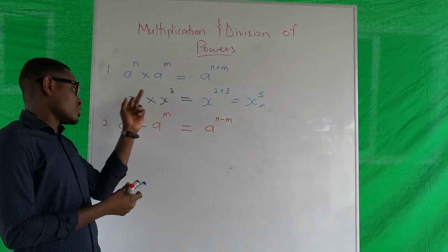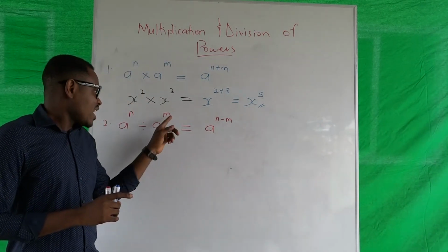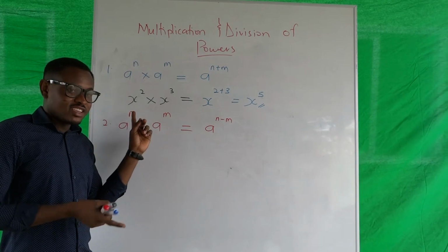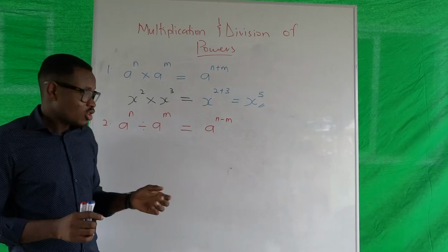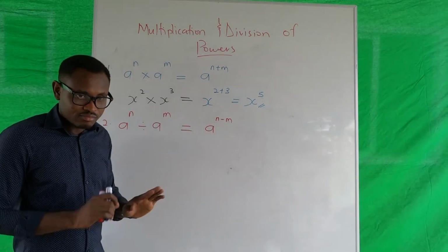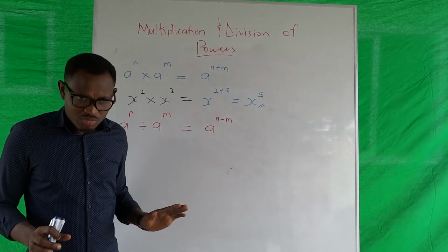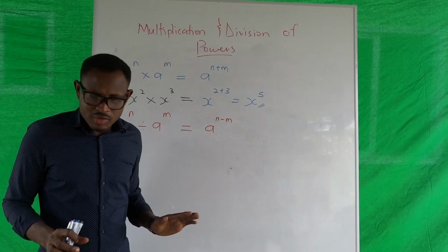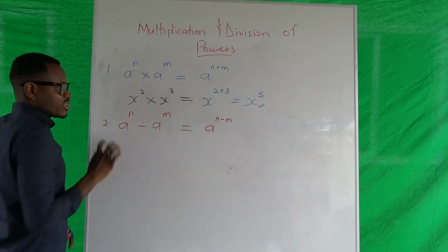Don't go and say m minus n. If you say m minus n, it's different from n minus m. So the first value, n, comes first. That is how it was. Are we okay? Are we good? So this is division, and this is multiplication.